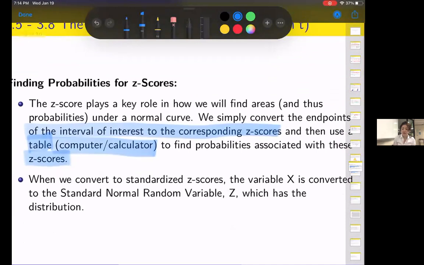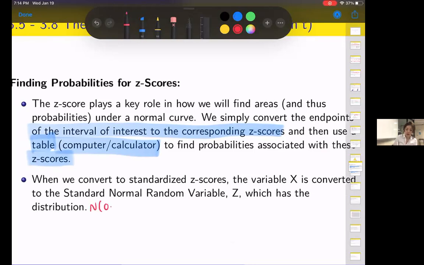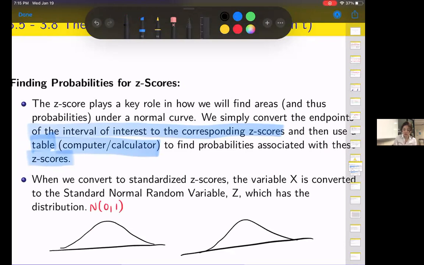When we convert to the standardized z-score, the variable x is converted to a standardized normal random variable z, which has the distribution N(0, 1). Basically what we did was convert this curve. Remember we have two of them.